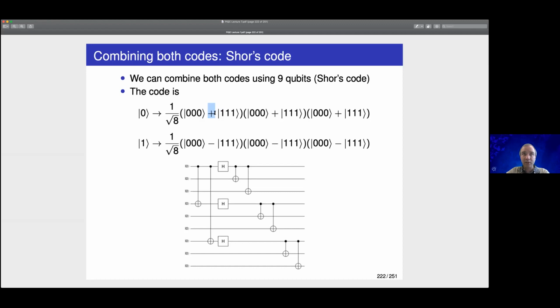This is going to change to minus. This is going to change to minus. This is going to change to minus, okay? So now what I have is exactly this state here. So by applying the Z gate to all the qubits at the same time, I have implemented an operation that at the logical level is exactly like an X gate, okay?